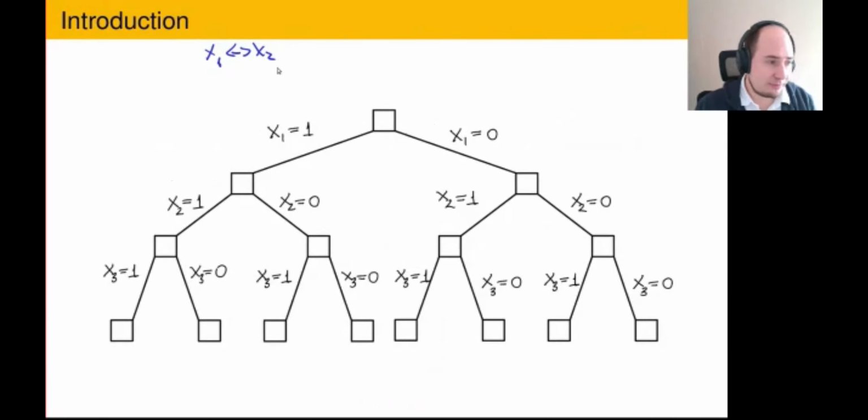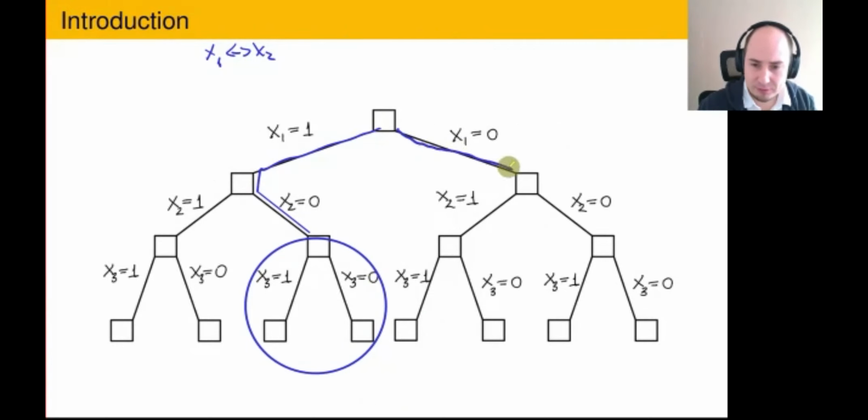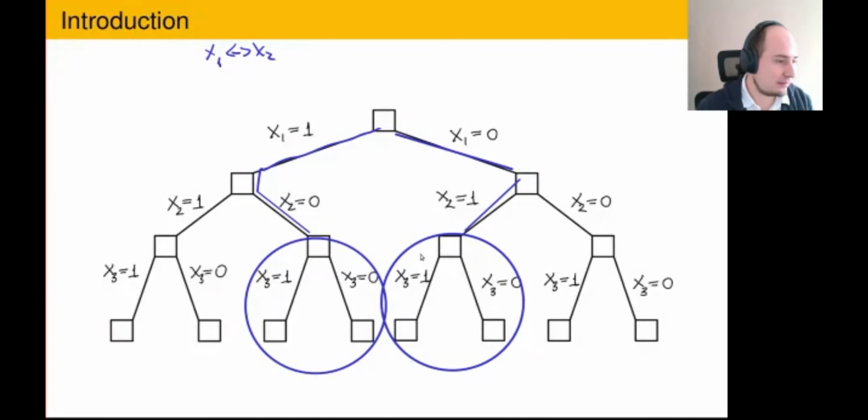And therefore, if you're doing, for example, a branch and bound, it could happen that if you follow a path and you get into some subtree, then this subtree is equivalent to one you get if you have followed a different path in which you permuted the values of x1 and x2. That other subtree is symmetric to the first subtree, and therefore it's not worth going through all of them. You're just losing time at the end of the day. So this is a phenomenon that happens quite often.